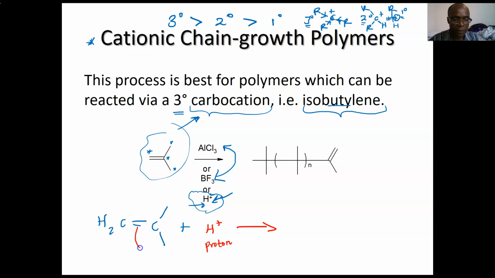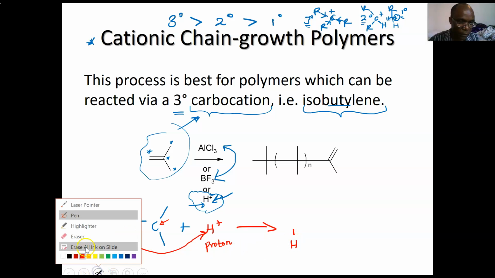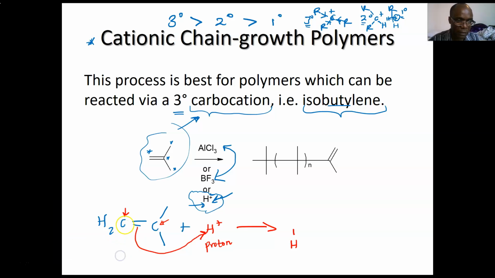In this case, if I accept this hydrogen, it's going to go onto this carbon because at least it has two hydrogens. This carbon does not have any hydrogen. So the red hydrogen will go where you had more hydrogens, which is the carbon to the right. So you make a CH3.